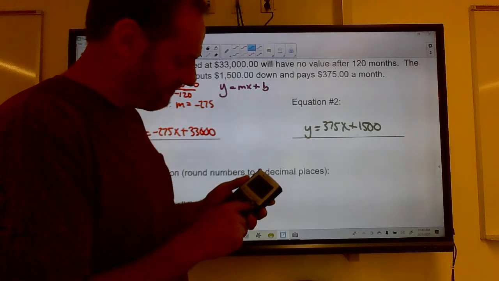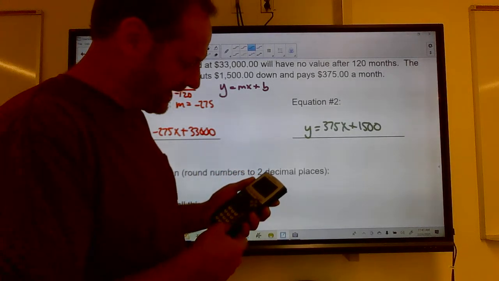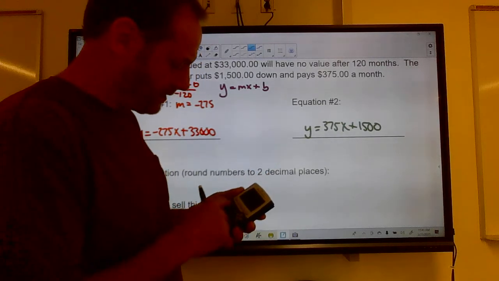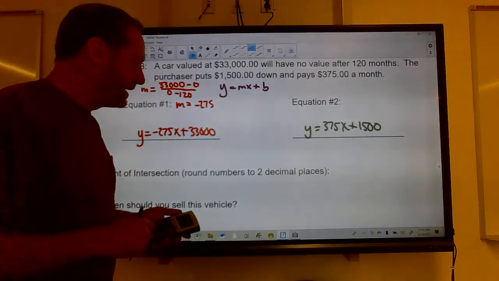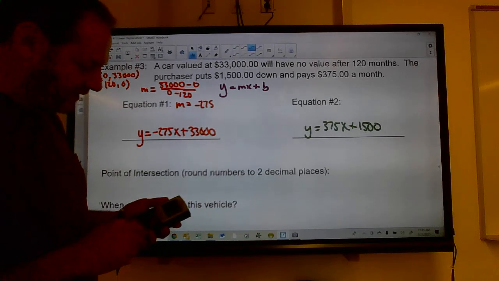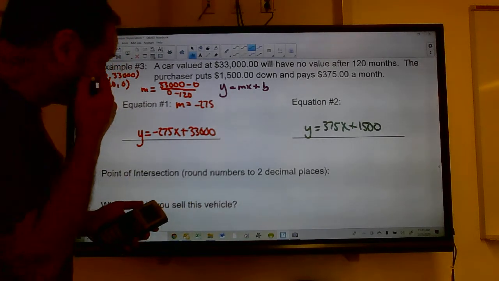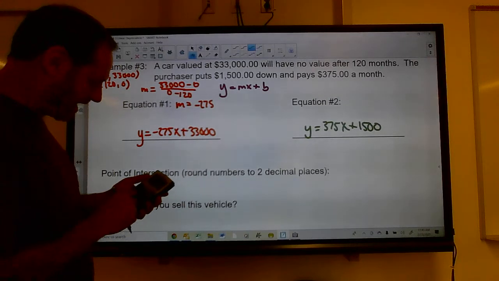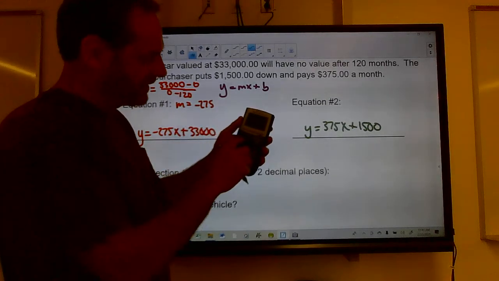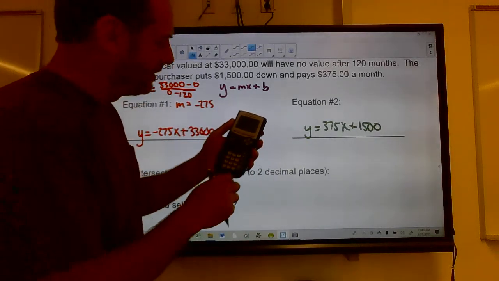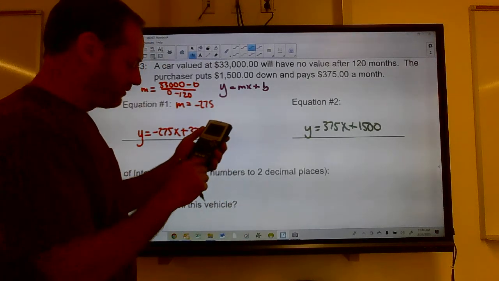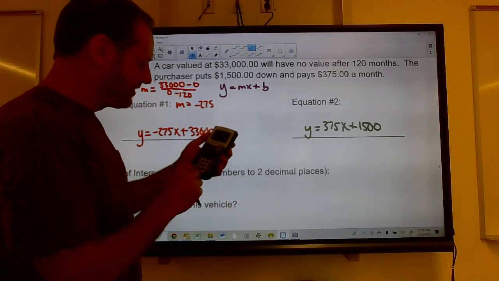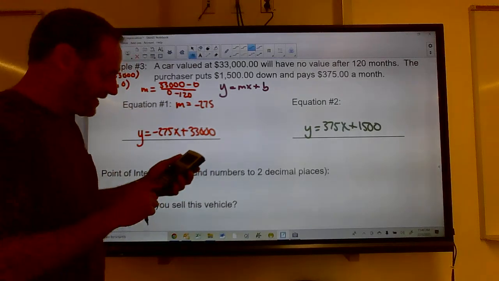FUNC should be highlighted. Now push y equals, and if there are any equations in there, clear them. My first equation is negative 275. My x key is right here next to the green alpha key. So I push x plus 33,000, and then I hit enter.